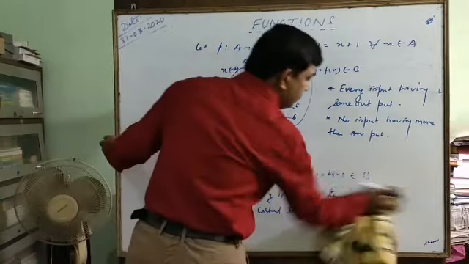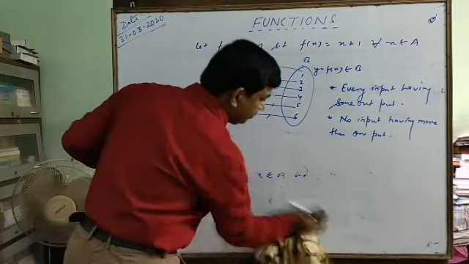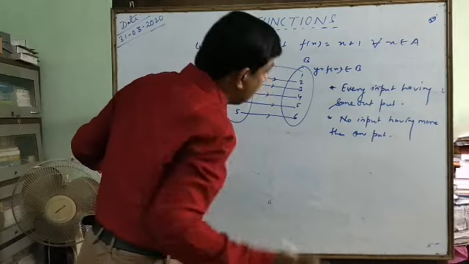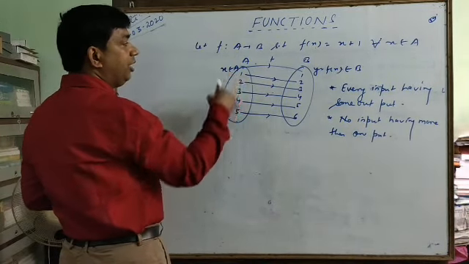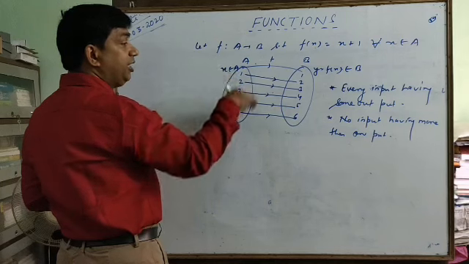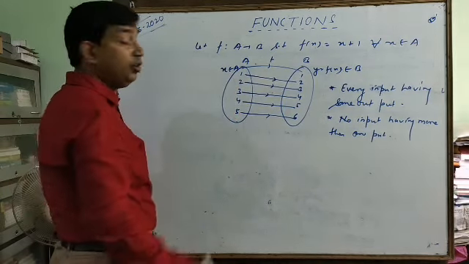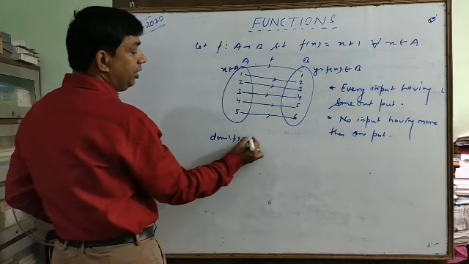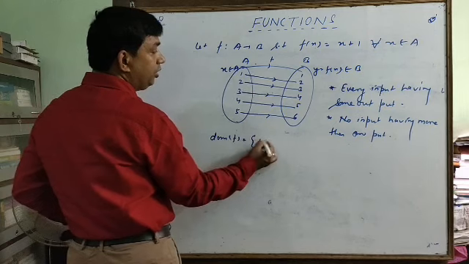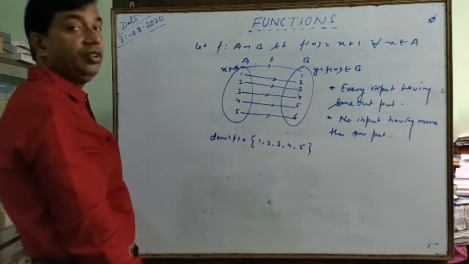Now what about the pre-image? For this, here x, the set A, containing all the elements of set A, is called the domain. Domain is a kind of set. Domain is what? Set A: 1, 2, 3, 4, 5. It means whatever input we can take, that is the domain.